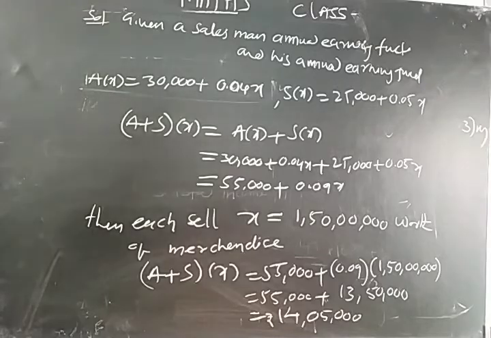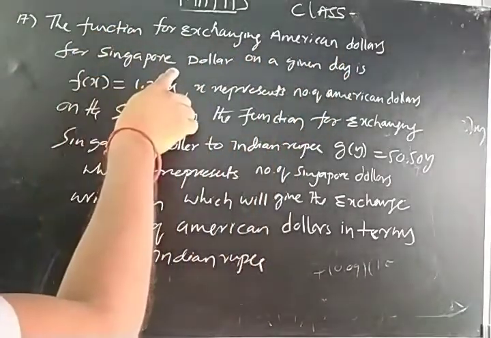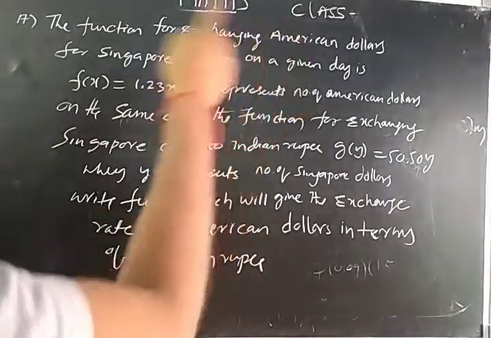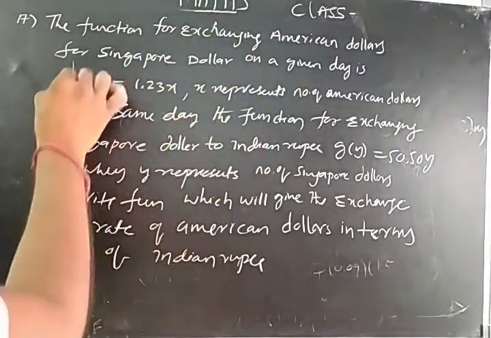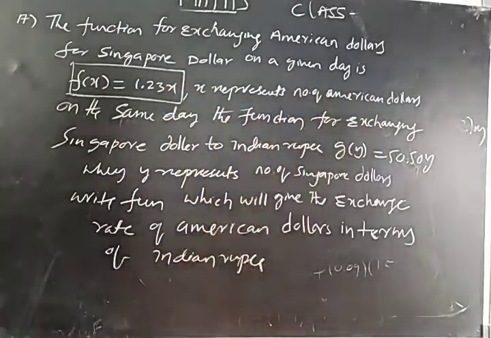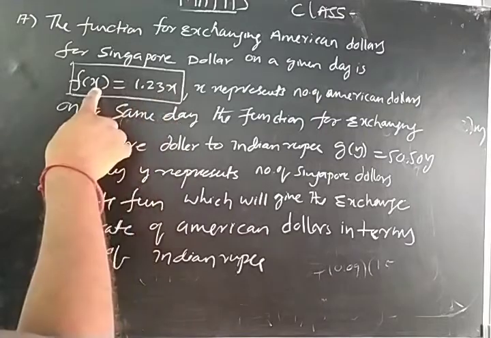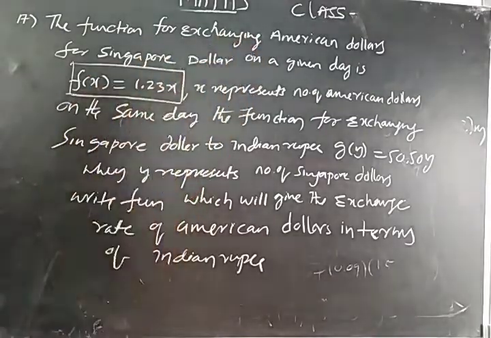Right? See now, 17th question. What is given? The function for exchanging American dollar for Singapore dollar. So for exchanging American dollar to Singapore dollar, we have to use this function, where x represents number of American dollars. If you substitute number of American dollars here, it will be converted to Singapore dollar by this function.